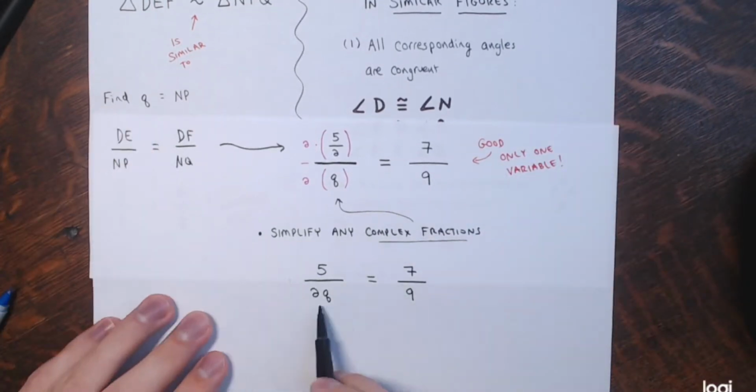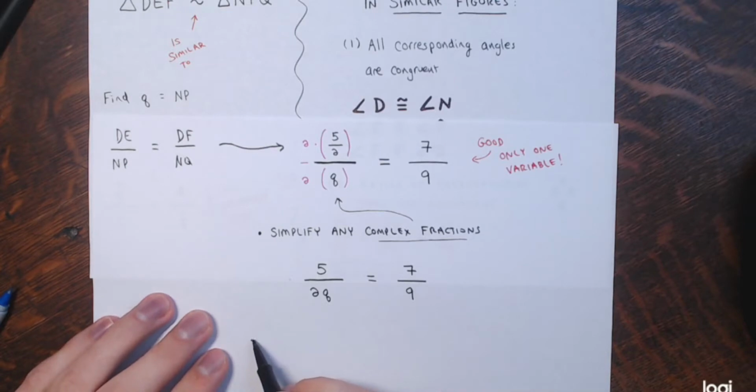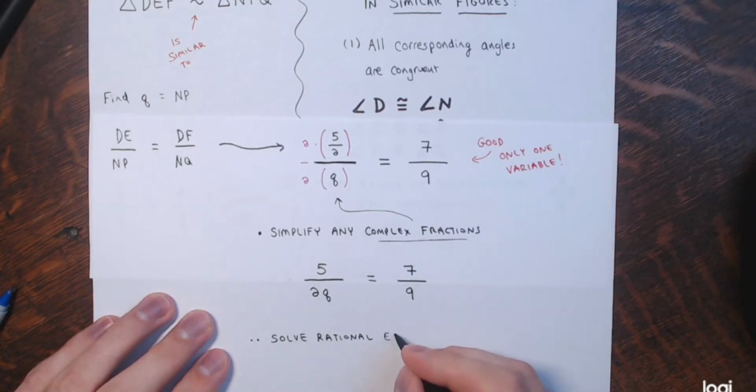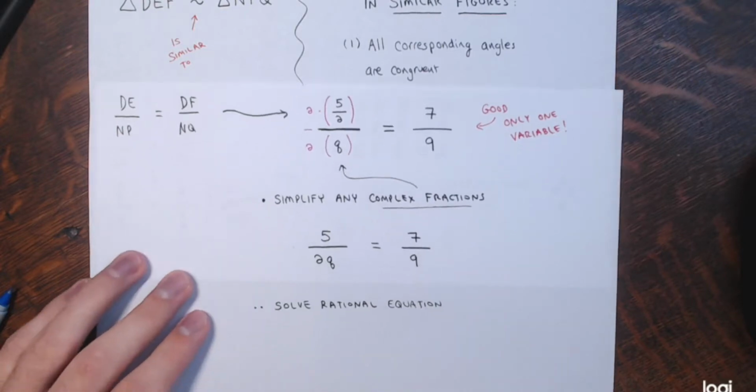And now I'm solving the rational equation, which you should know how to do. This is a rational equation, an equation with fractions, and you should know how to do this from section 7.4, part 1.